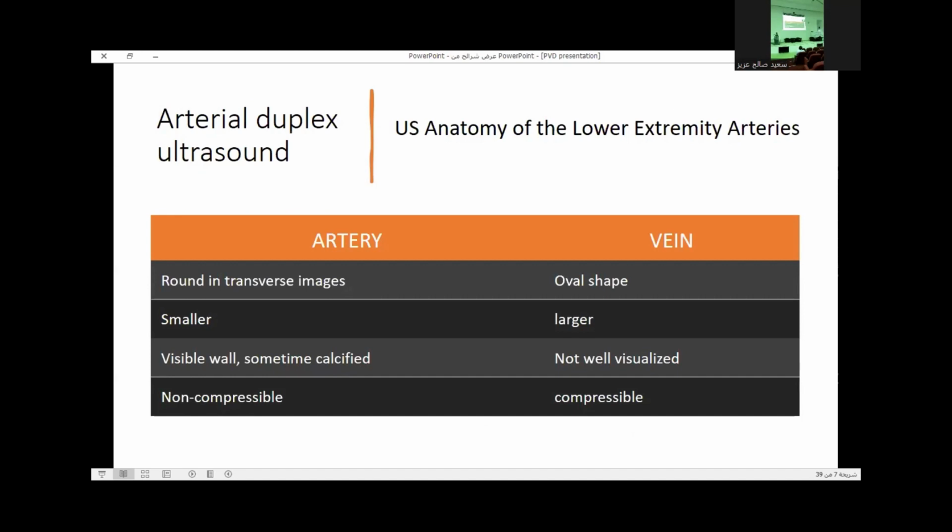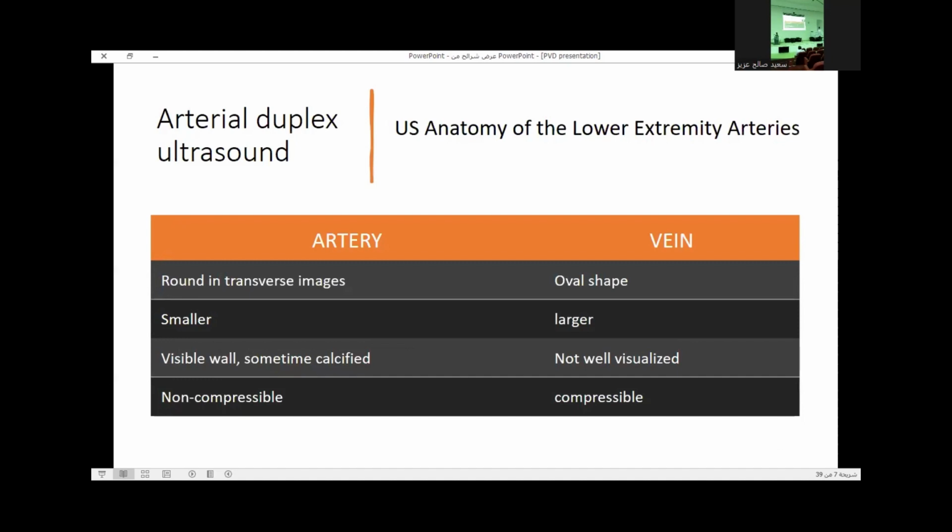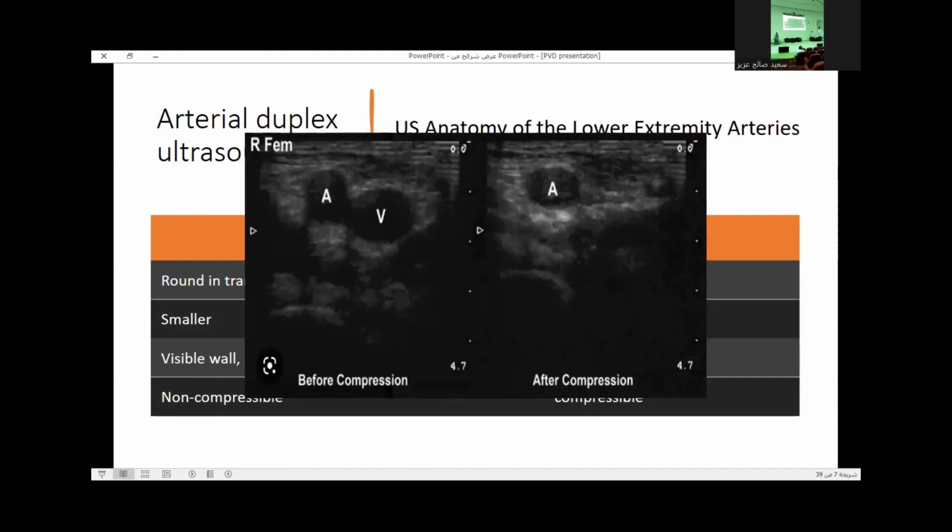Simply, how do we distinguish between artery and vein in ultrasound? Usually the artery is smaller than the vein and rounded in shape, while the vein is oval shaped. Another feature that makes it easier to distinguish the artery from the vein is compressibility.